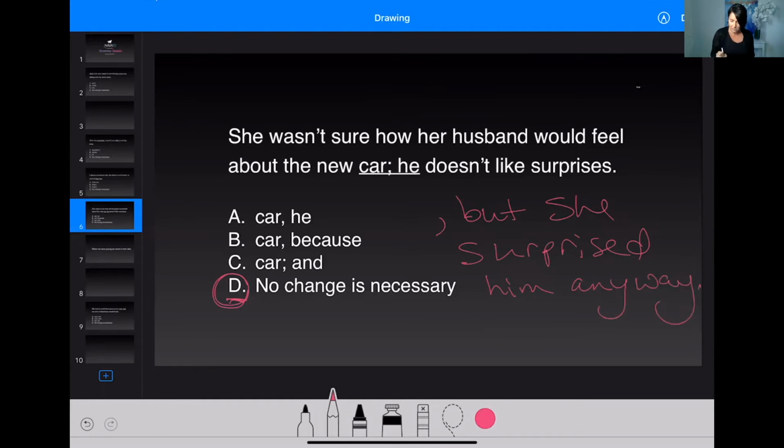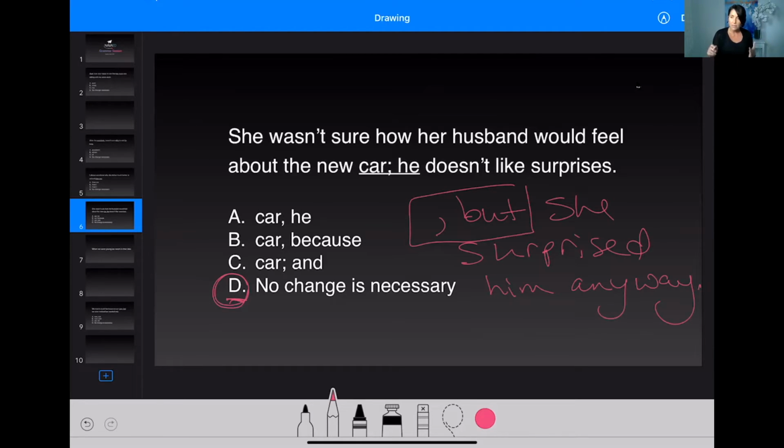Okay, she surprised him anyway is a sentence. She wasn't sure how her husband would feel about the new car is a sentence. A comma alone would not work, but a comma but would. I had to rewrite the sentence because but or and wouldn't work here. So that's why I revised this second piece.